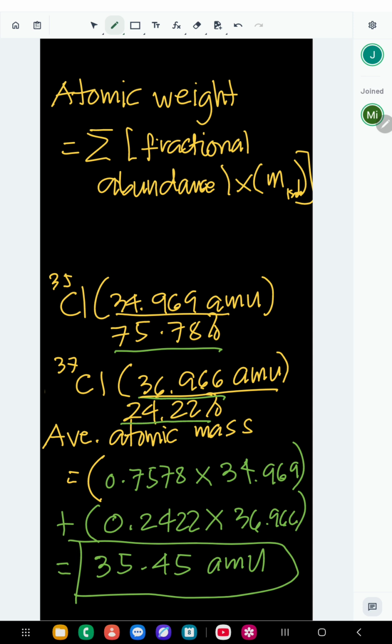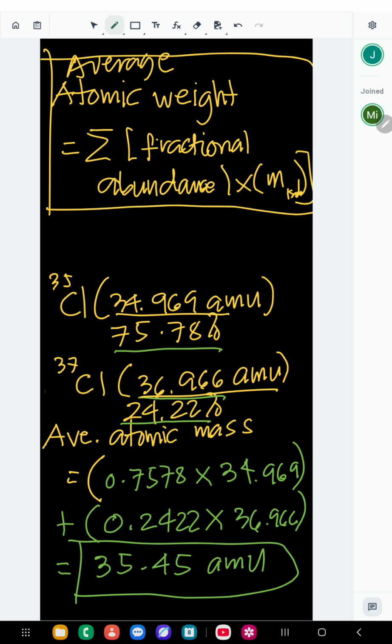Now in the problem, we are asked for the average atomic weight or atomic mass. And this is the formula for solving the average atomic weight. You just add up the product of the fractional abundance. Fractional meaning you convert the percentage abundance into decimal, and then you multiply it by the mass.